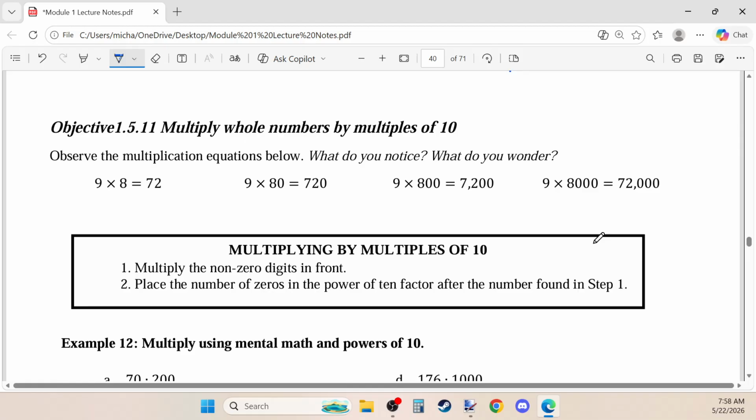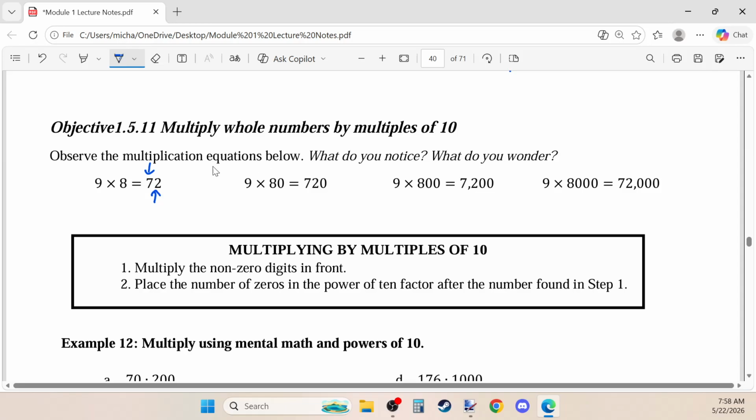Multiplying numbers by multiples of 10. So, because we use a base 10 number system, remember we talked about in class how each of our numbers is broken up into positions that represent groups of 10. This is the ones place, this is the tens place.